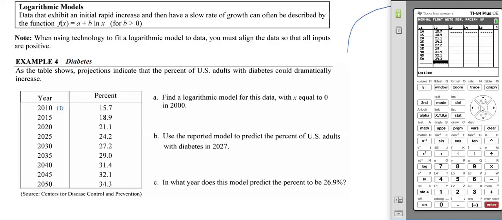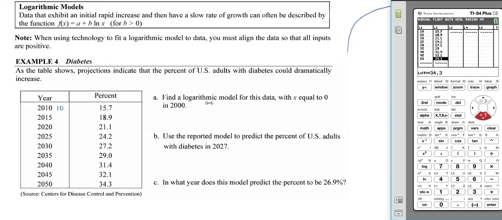And we have a 15.7, just making sure that we have entered all of our data correctly, no typos. Remember, the calculator is going to do something with the data that you feed it. You need to make sure that you have fed it the correct information.